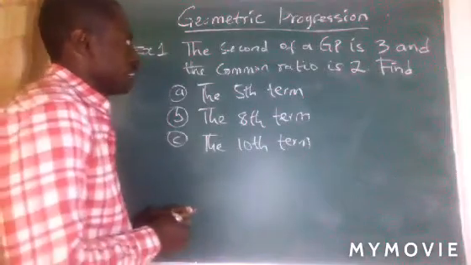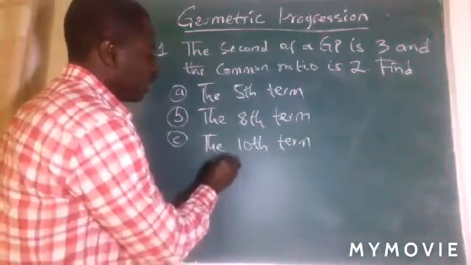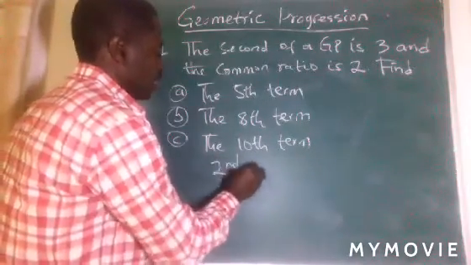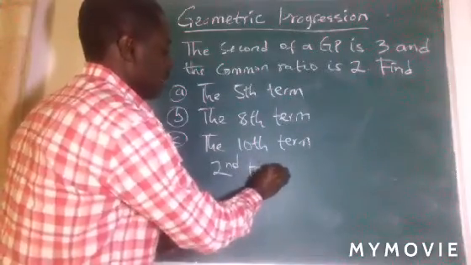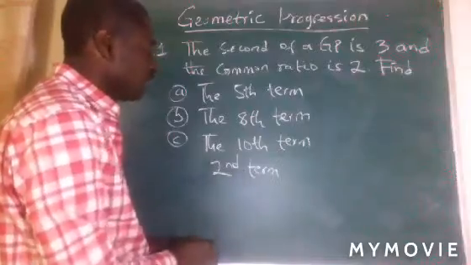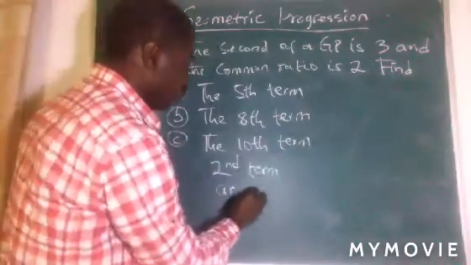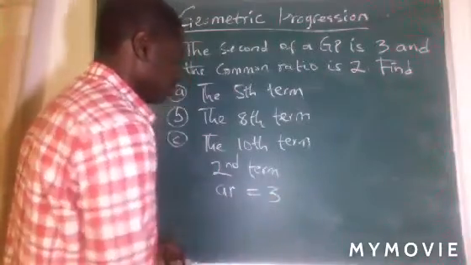Now for us to do that, by the general formula, the second term is given as ar, and the second term is equal to 3.